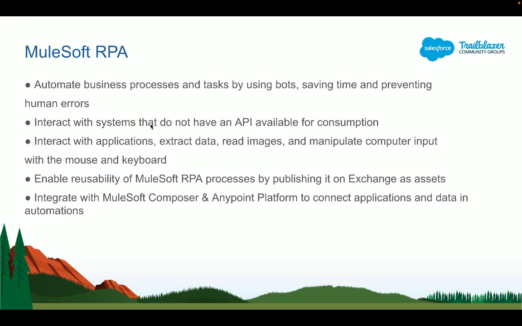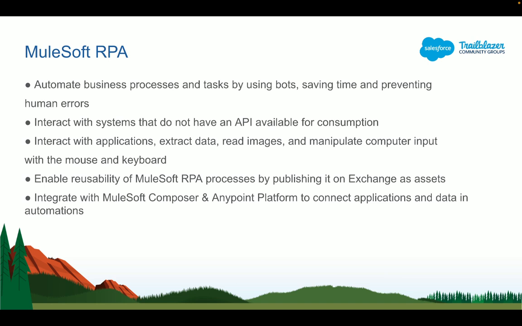MuleSoft RPA can interact with systems that do not have an API available for consumption, interact with applications, extract data, read images, and manipulate computer input with mouse and keyboard. MuleSoft RPA has a feature called OCR. Optical character recognition provides us an ability to read the data from images and process the data forward.